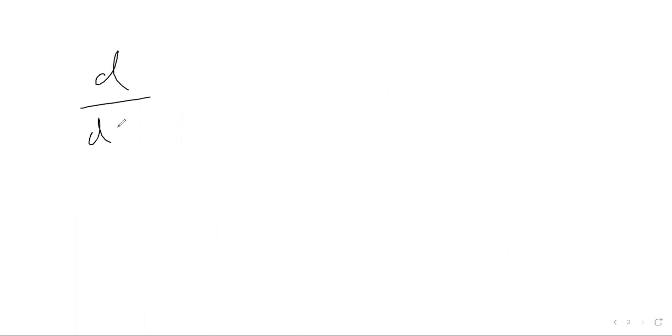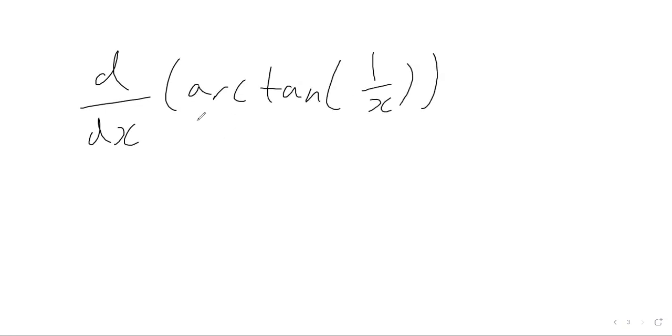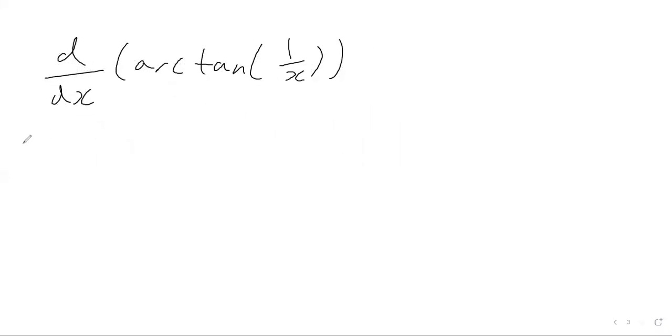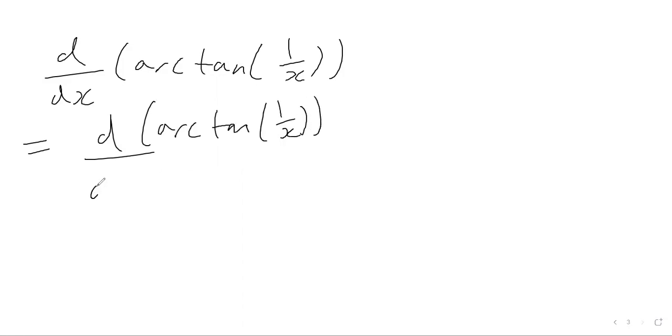So we're differentiating with respect to x, arctan of 1 over x. Again, we're differentiating a function of a function of x. This is going to be a case of using the chain rule again, and we've done this lots of times before. So using the chain rule in this case, this is differentiating the arctan of 1 over x function with respect to 1 over x.